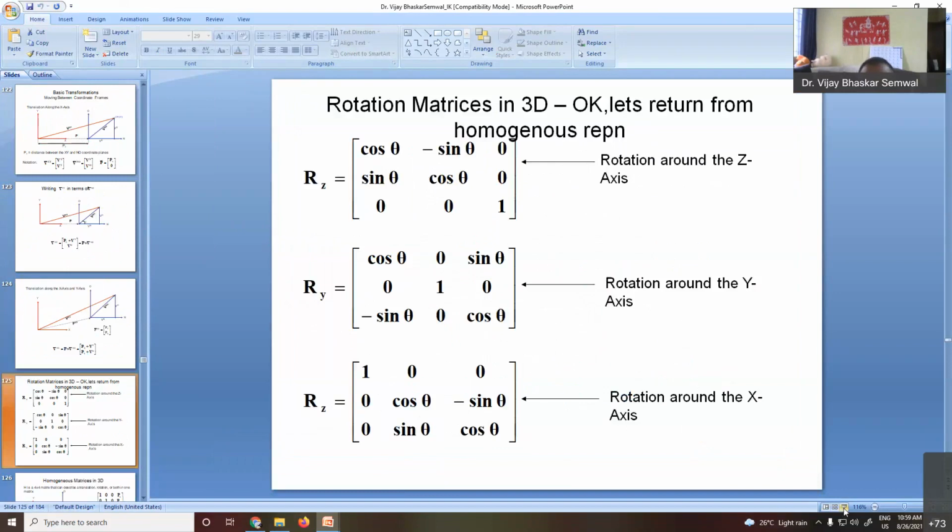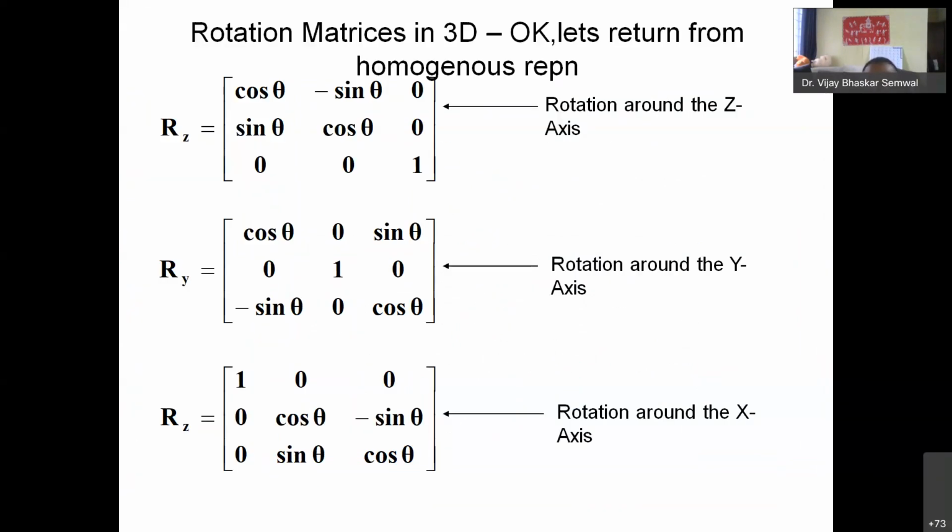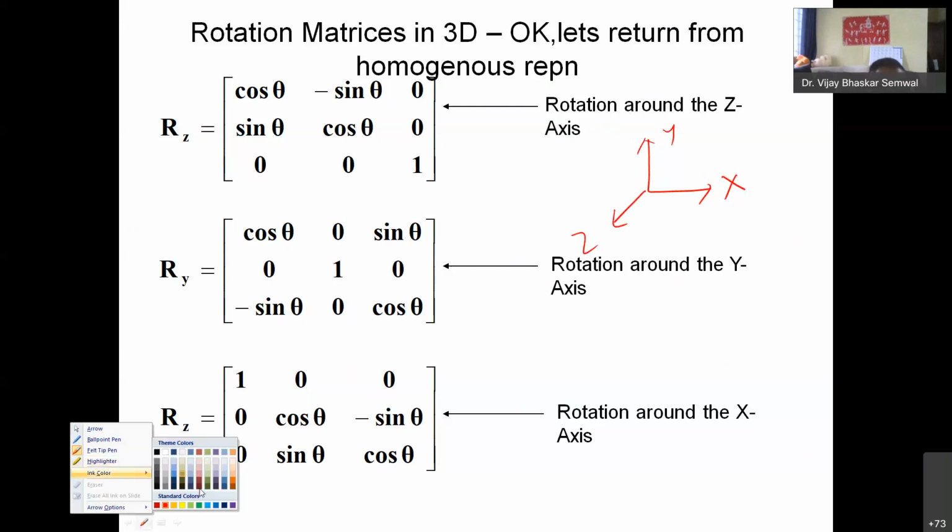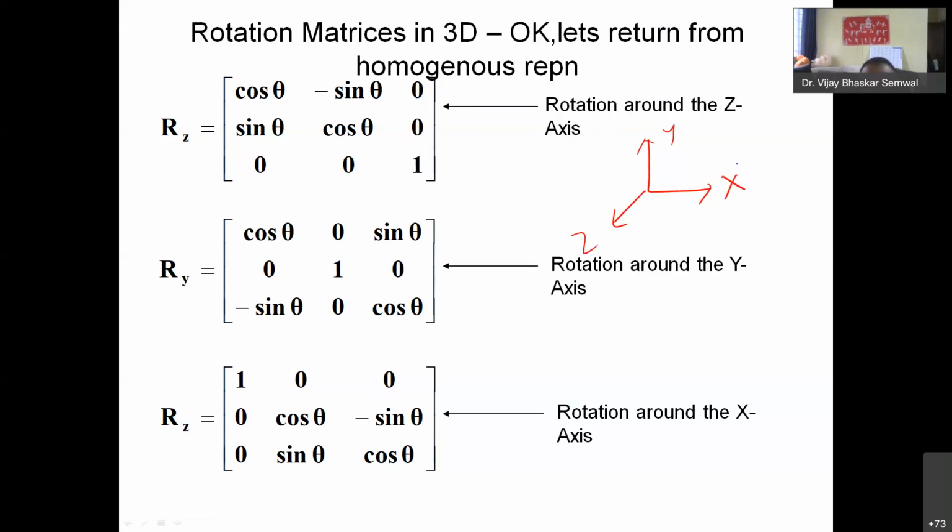These are the angles you will get when you are rotating around the Z axis. Now you are rotating around the Z axis by theta degrees.